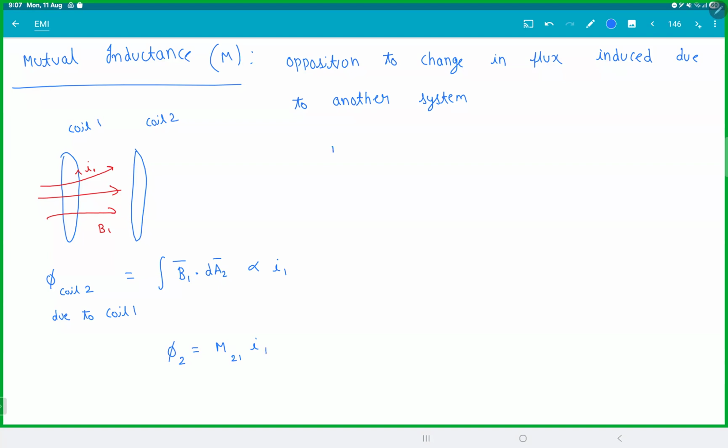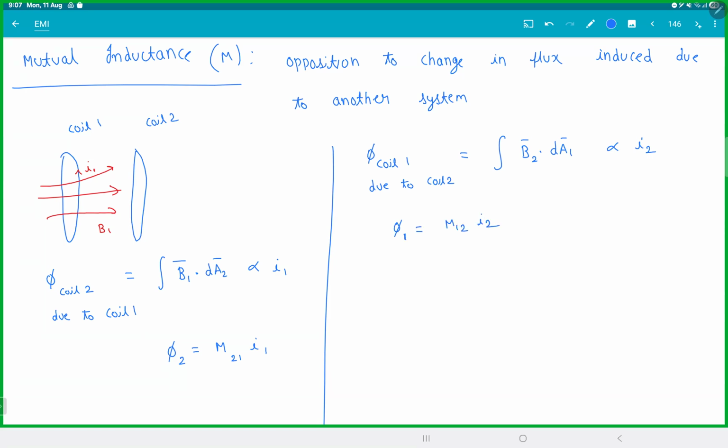If you do the reverse, now if you send the current in coil 2, and if you try to calculate the flux on coil 1, this will be the integral of B2 dot dA1. This is proportional to I2. So here flux on coil 1 will be M12 into I2.